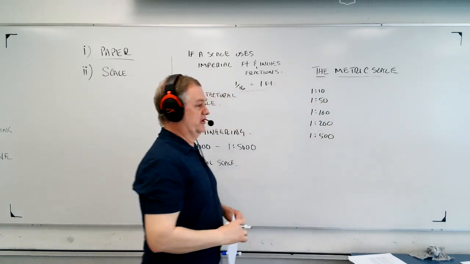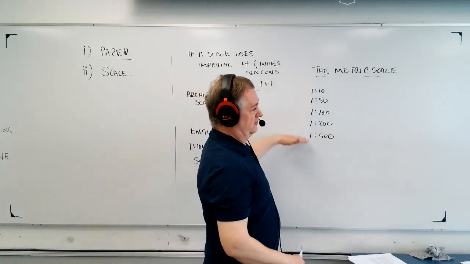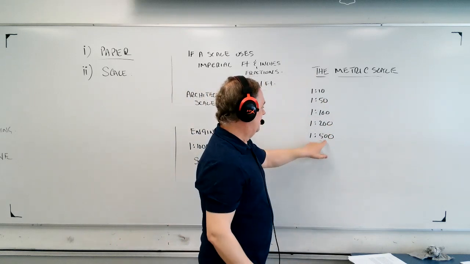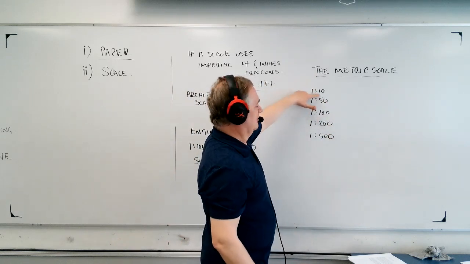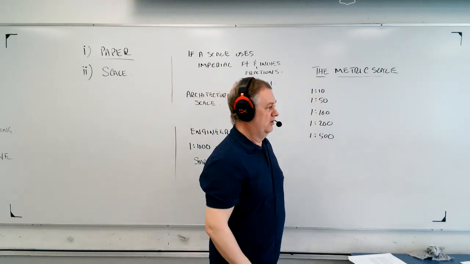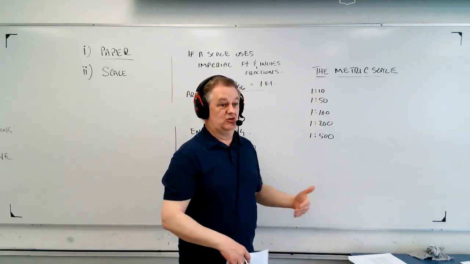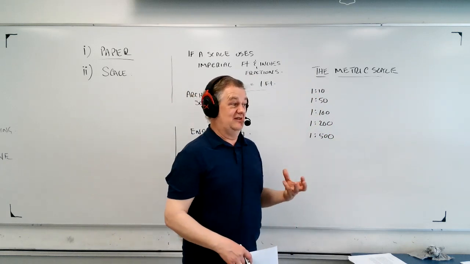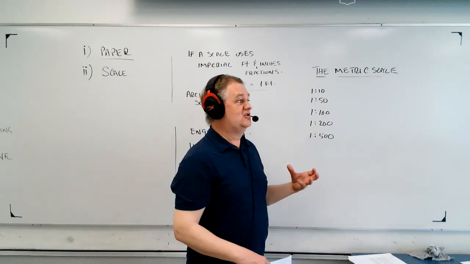These are the typical construction site ratios that will be used. So this would be a small scale, this would be a much larger scale. Now, if you get down to a detailed drawing where you've got a 1-to-1, we call that actual size. And if the drawing is actually larger than the actual item, we call that enlarged size.